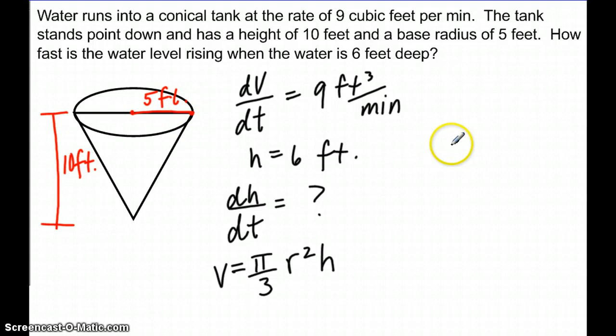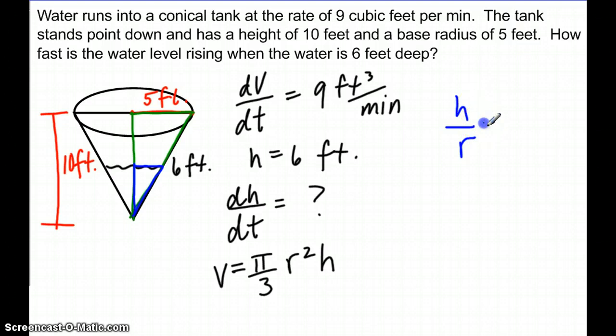looked at similar triangles. So we're looking at the exact instant when the height of the water is 6 feet. So if we take similar triangles, the height of the water at any given time to the radius of the water is proportional to the height of the tank and the radius of the tank.